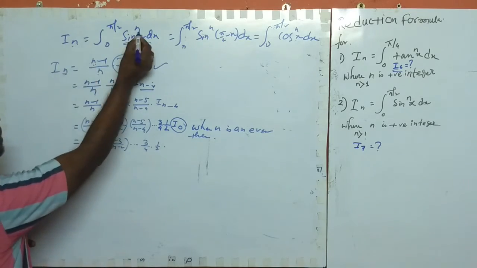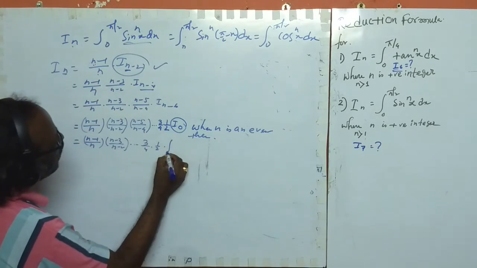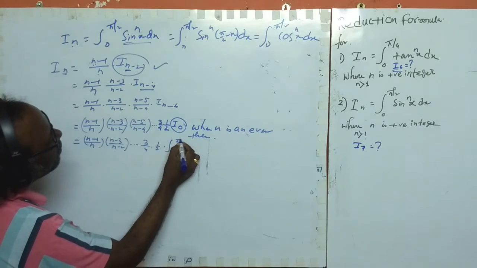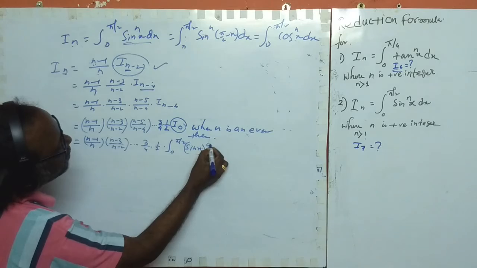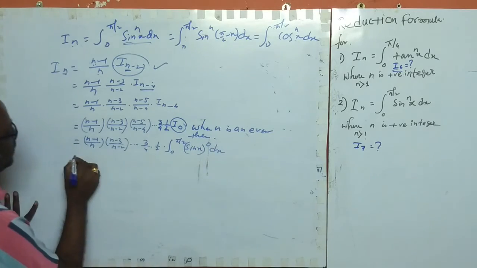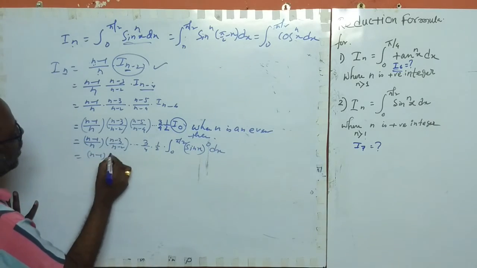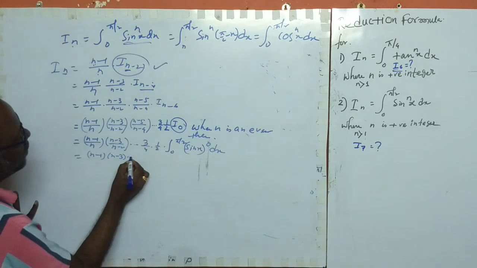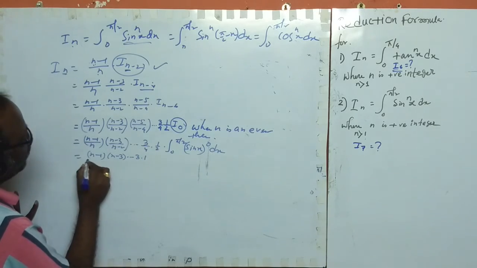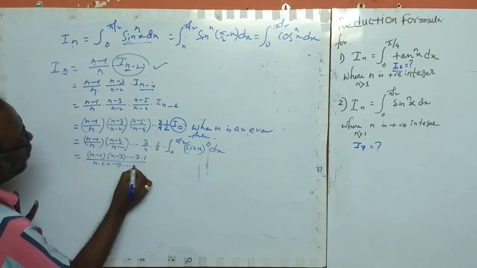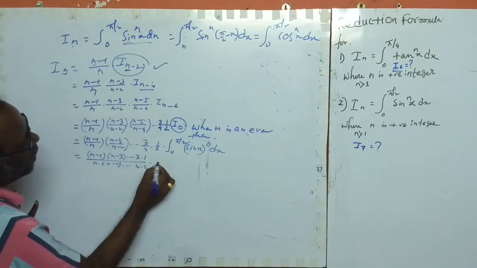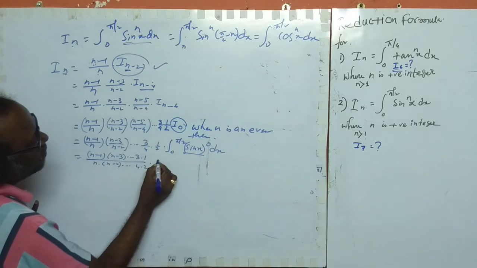I naught, the power is 0, so it is the integral from 0 to pi by 2 of sin x to the power 0 dx. So n minus 1, n minus 3, this is 3 dot 1 by n minus 2 dot 4 dot 2, and this is dx only, that is pi by 2.